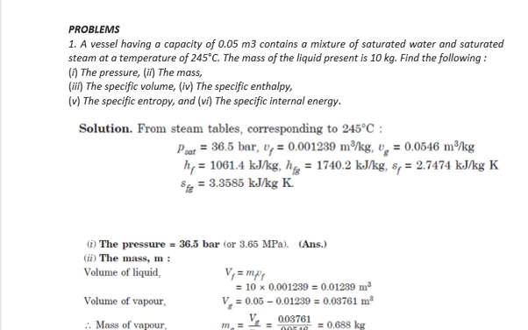In this numerical, you have to find out the pressure, mass, specific volume, specific enthalpy, specific entropy, and specific internal energy. This numerical belongs to the thermodynamic process of steam.